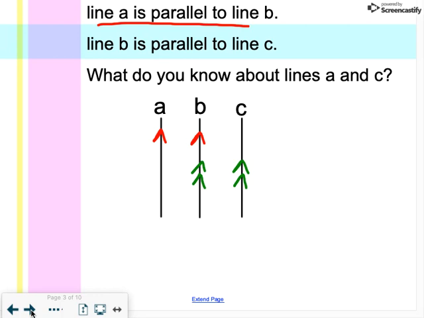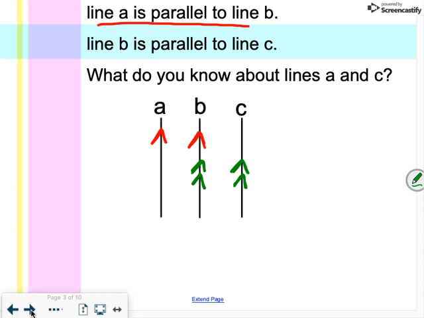And if we think about this, if A and B are both parallel to each other, and then B is also parallel to C, this is kind of like the transitive property. A is parallel to B, B is parallel to C. Well, let's cut out that middle piece.